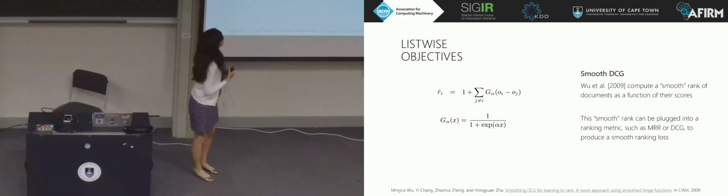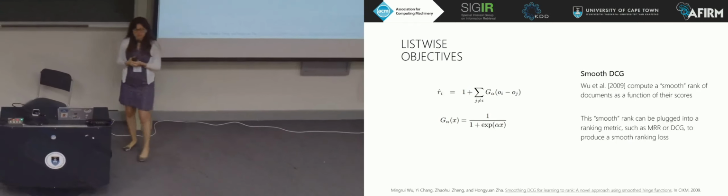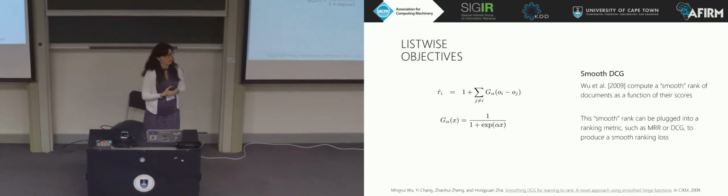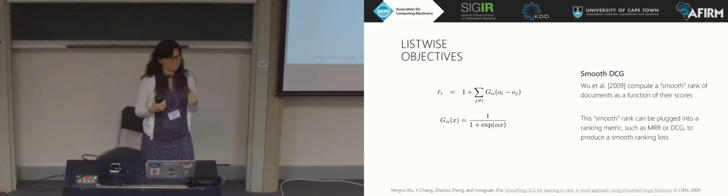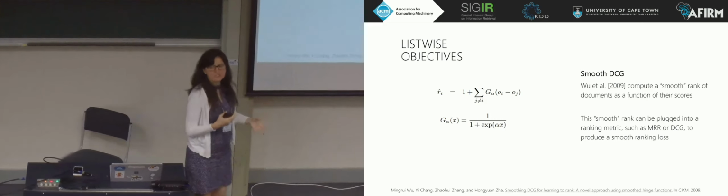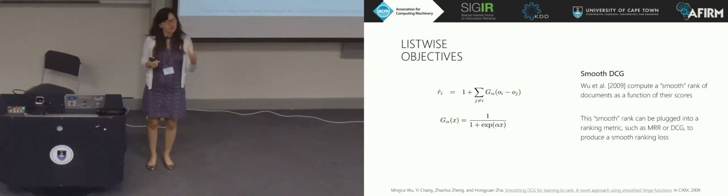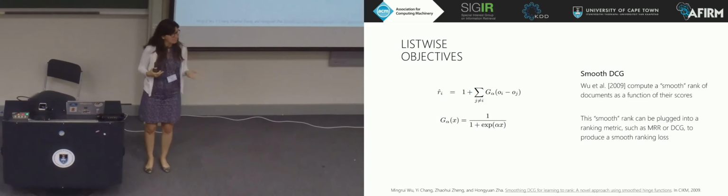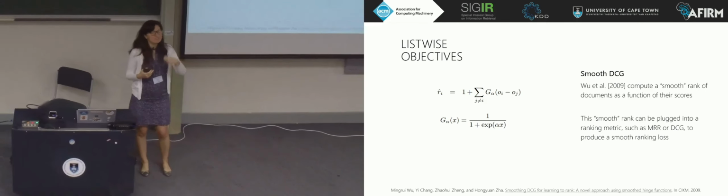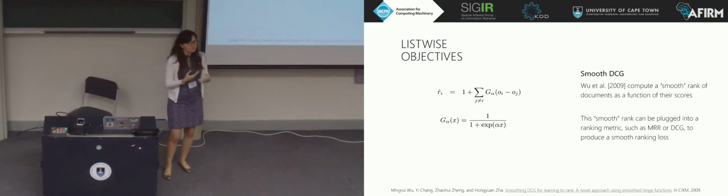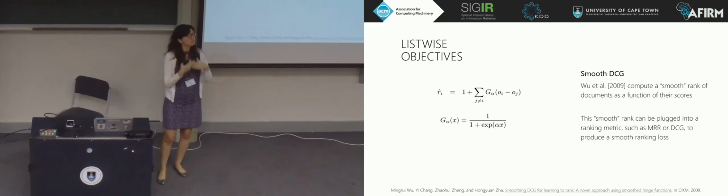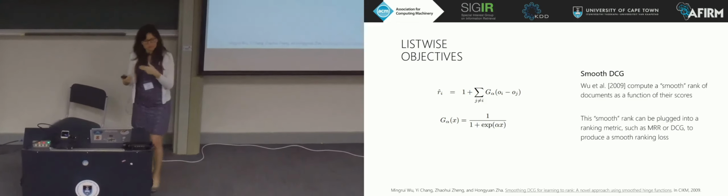So another way of using these approaches is based on having list-wise smoother objective metrics. Previously, given scores, we were first trying to generate some ranking, and each document was assigned to a particular rank. Based on that, we were trying to compute these probability distributions or computing delta DCG and so on.